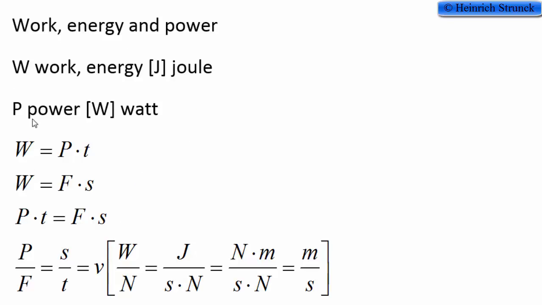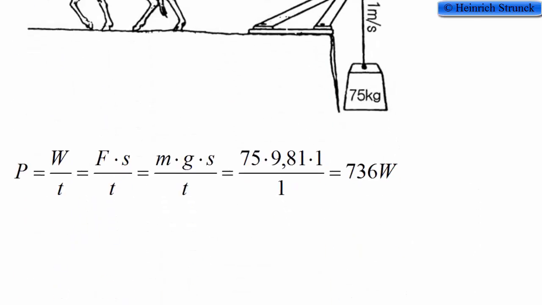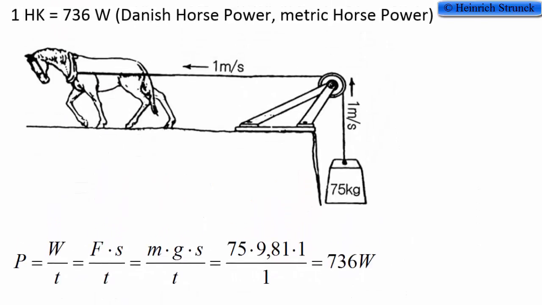That was just the basics of work, energy, the symbol and the unit, and power, the symbol and unit. For power we also have 1 horsepower. Here it's not actually a horsepower but Danish hestekræfter, meaning a Danish or metric horsepower, and it is equal to 736 watt.